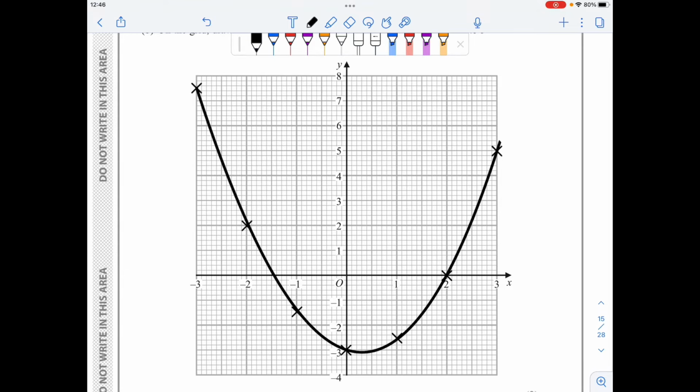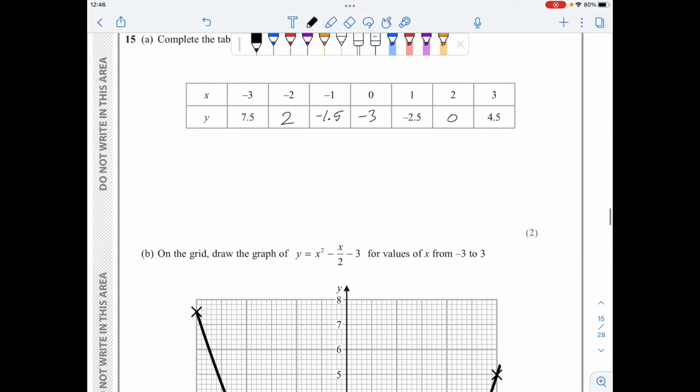Note that the minimum point is not on the y-axis, it's slightly to the right. To verify this one, you can use the equation of the line of symmetry, which is given by x equals minus b over 2a.